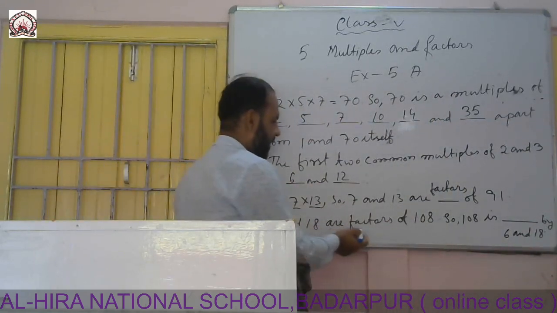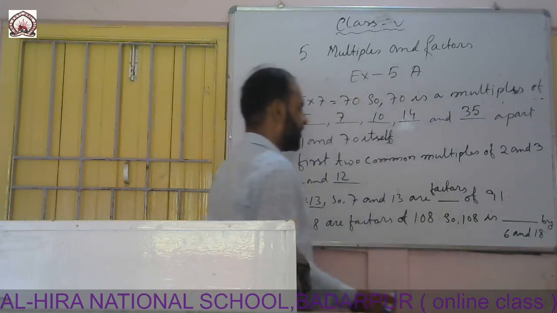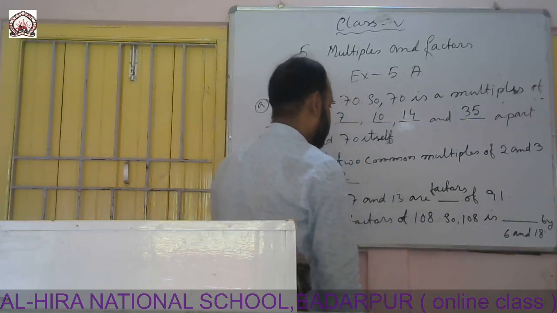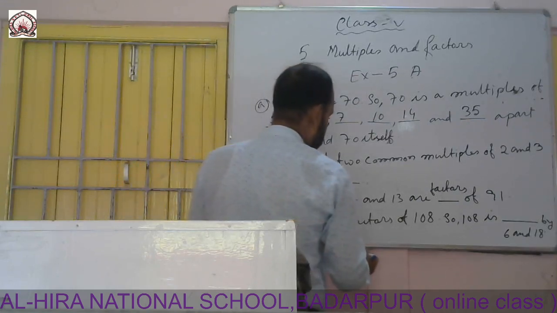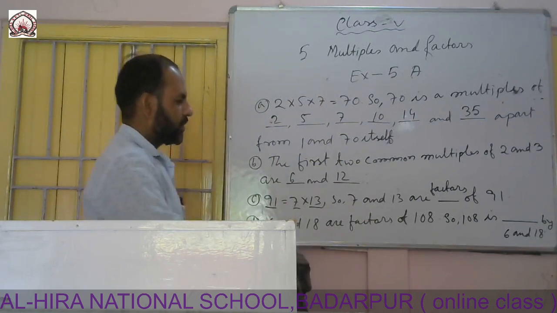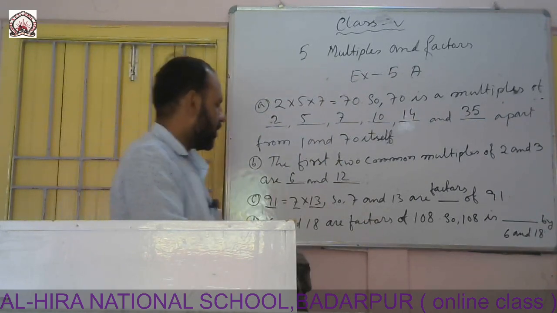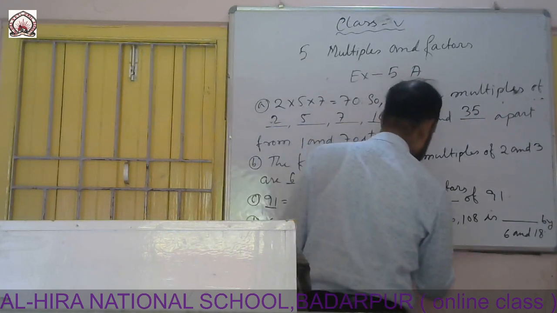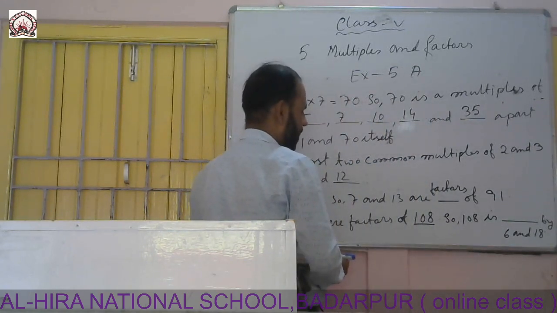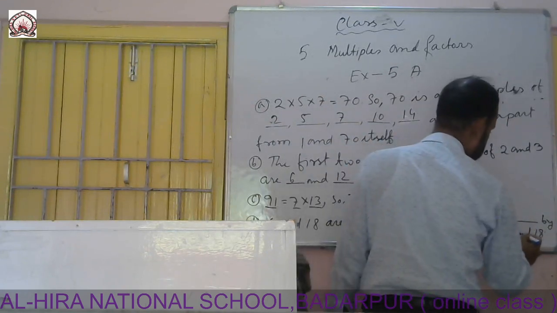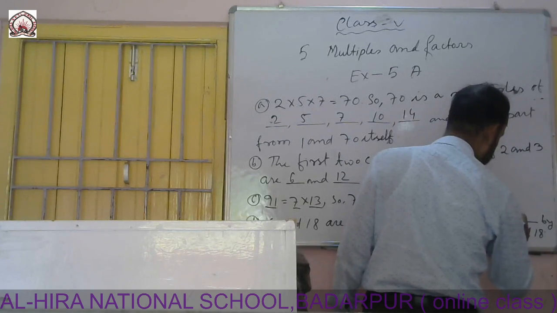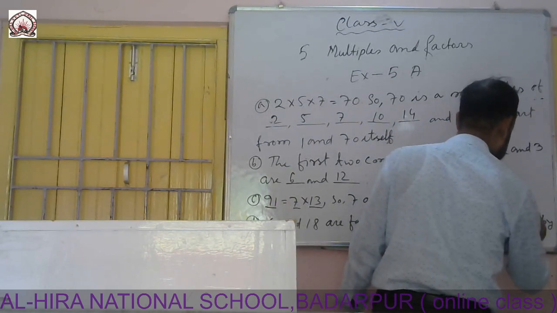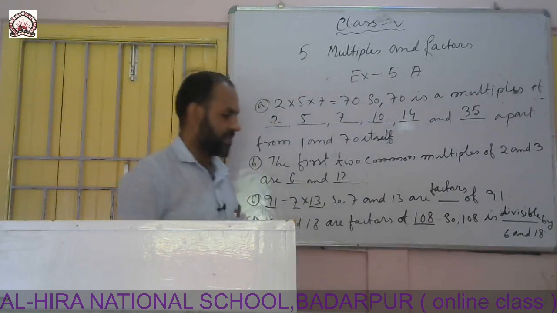We know if factors are there, then it is divisible by the product. So 108 is divisible by 6 and 18.